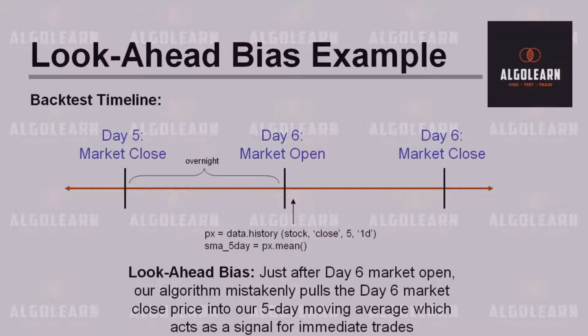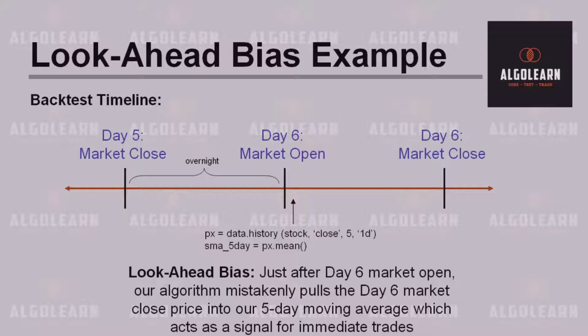And so I've just put a quick and simple code here to generate a 5-day simple moving average, and we're pulling the price data right after the market opens on day 6, and we're actually pulling the closing price for the last 5 periods, and the frequency is daily. And so we're pulling this after the market is open on day 6.